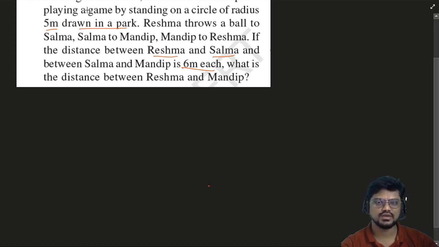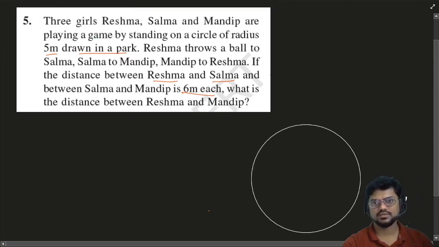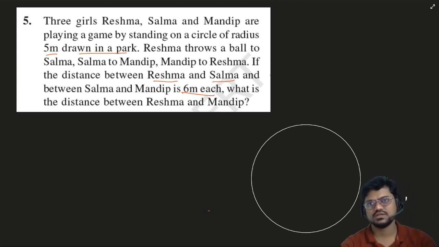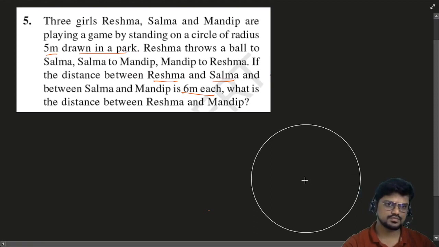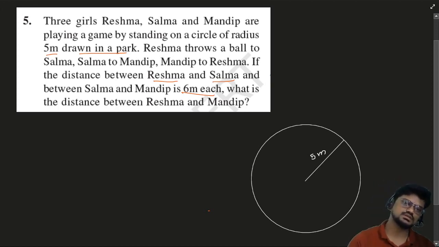Fine, they are standing on a circle. If I draw a circle like this, the radius of this circle is 5 meter. The distance between Salma and Mandeep is 6 meter each.